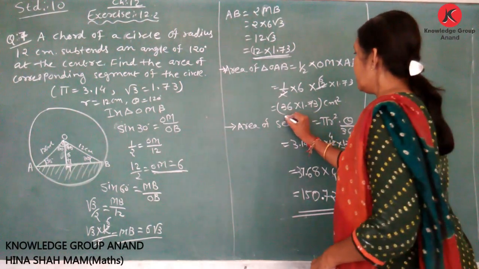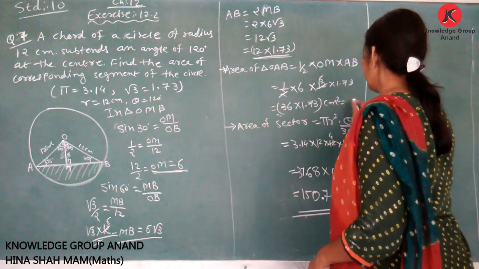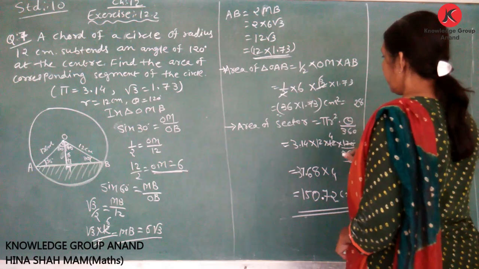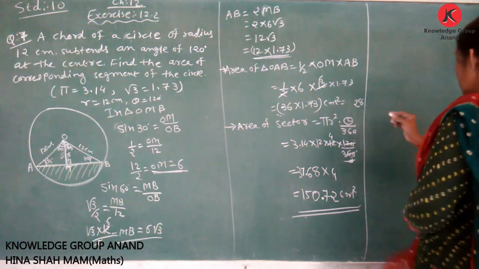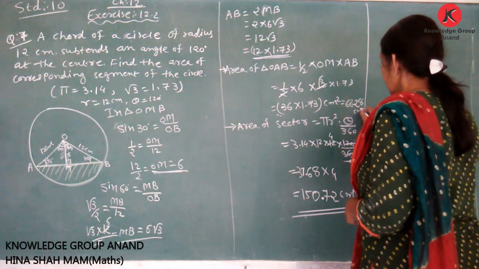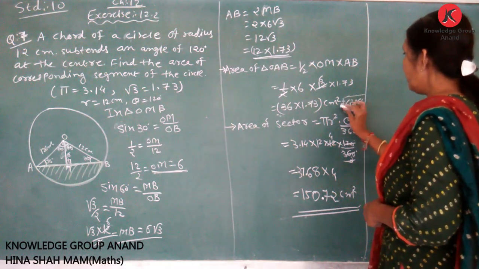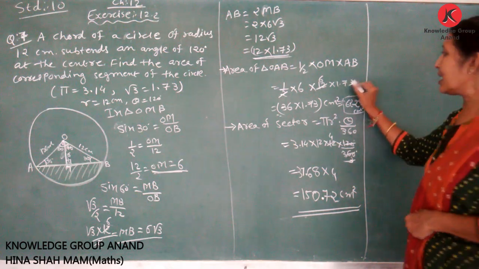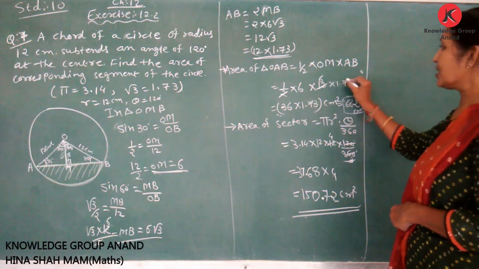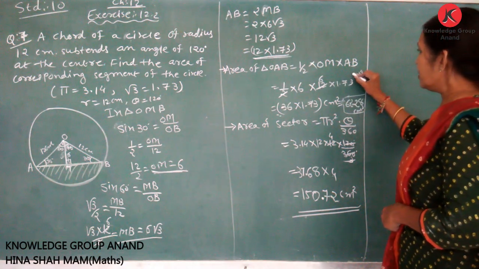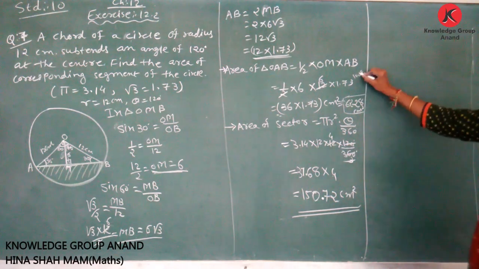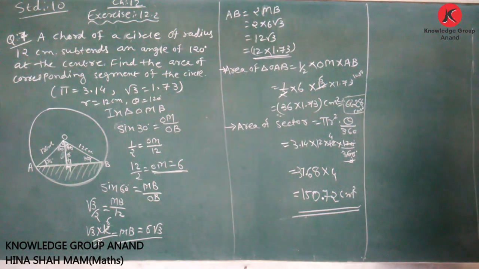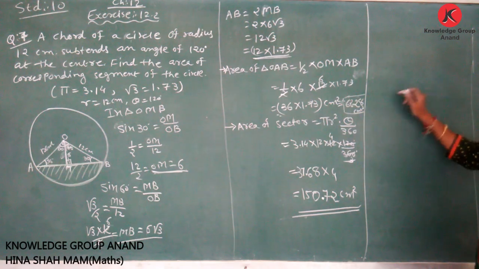Now I calculate here. 6 3s are 18, carry 1, 6 7s are 42 and 1 is 43, carry 4, 6 1s are 6 and 4 is 10. So the multiplication is like this: 62.28 centimeter square. Yes, correct? Yes. Okay, 62.28 centimeter square.